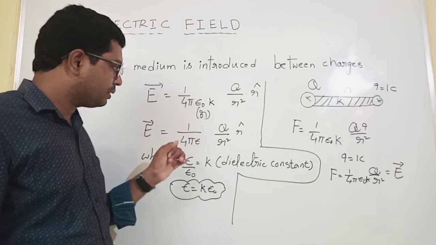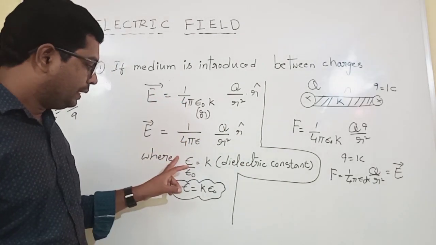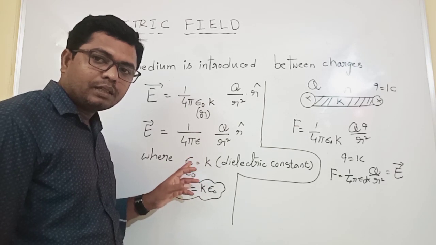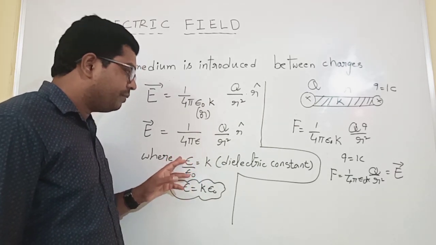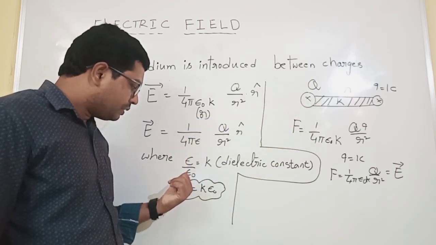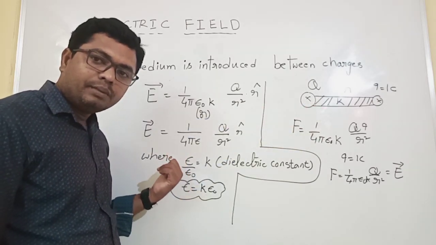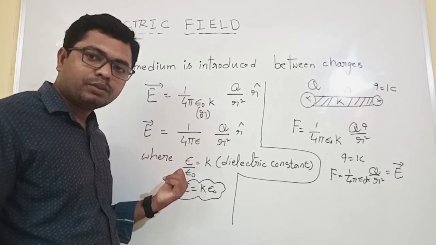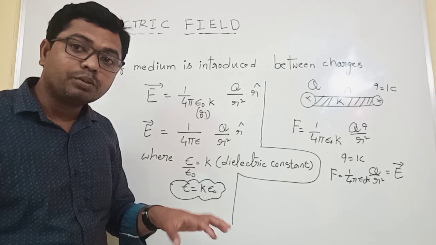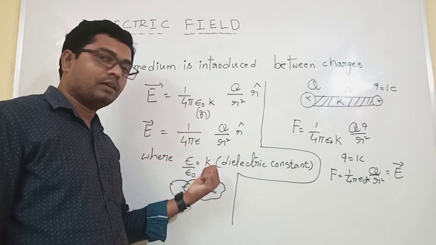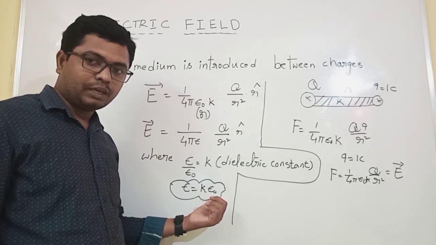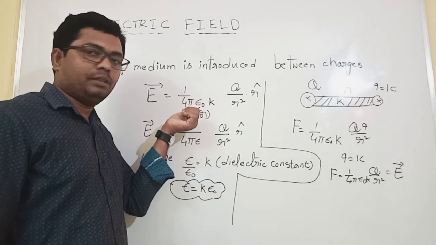If you compare these two, epsilon by epsilon naught is equal to K. Epsilon is nothing but the permittivity of the new medium. Epsilon naught is the permittivity of space. The permittivity of the medium with respect to space is called the relative permittivity. It is also called the dielectric constant. Then epsilon is equal to K into epsilon naught. You substitute here.